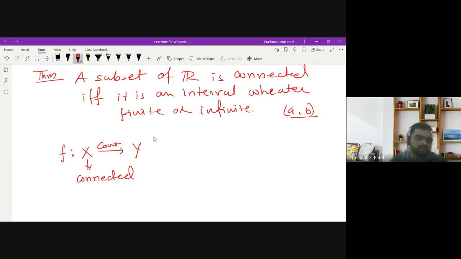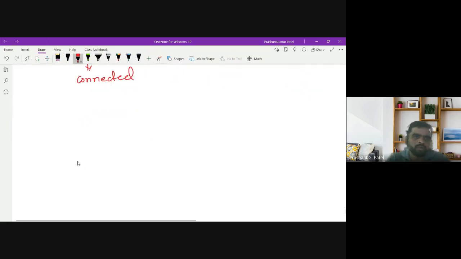Completeness and Cauchy sequences are not preserved, convergent sequences are preserved, and connectedness is preserved. The answer is yes, the connected set is also preserved. Let us try to prove that statement.